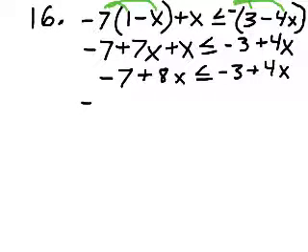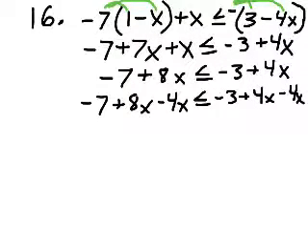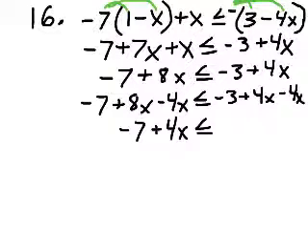So we've got negative 7 plus 8x minus 4x is less or equal to negative 3 plus 4x minus 4x. Okay, and that gives us a negative 7 plus 4x is less or equal to negative 3.